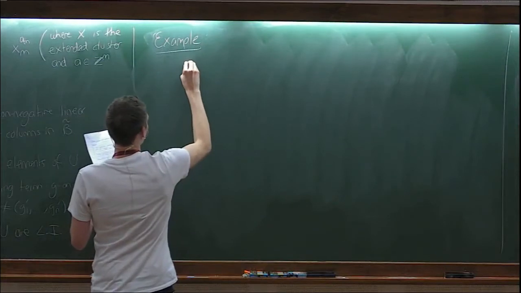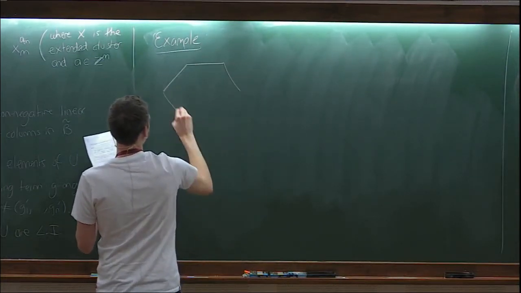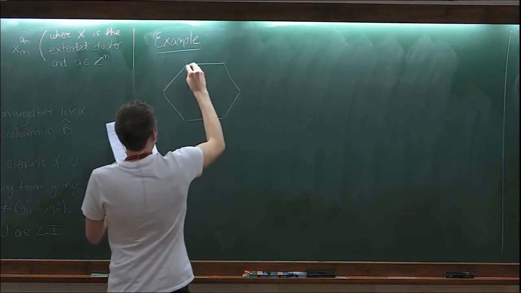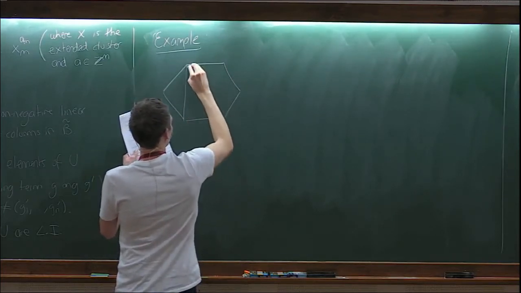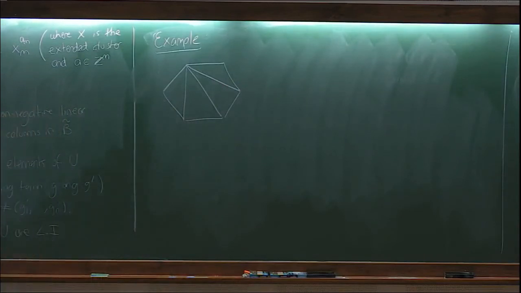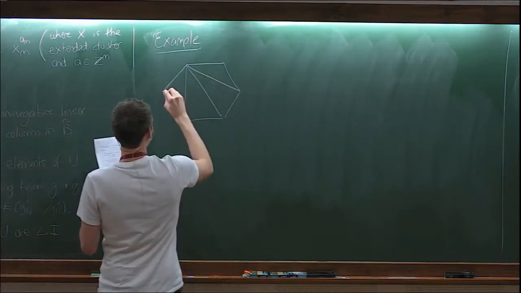Okay, so let's look at the 6-gon. And we, of course, need to pick a triangulation, and we need to pick our arc alpha.